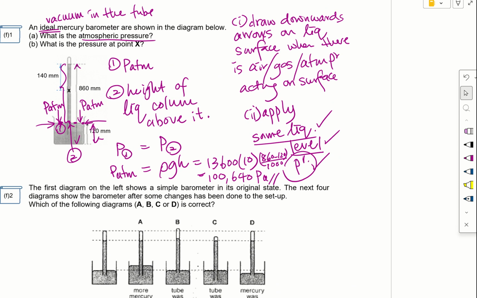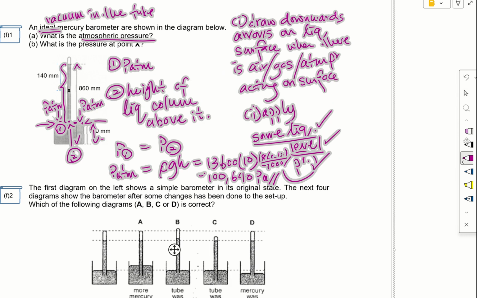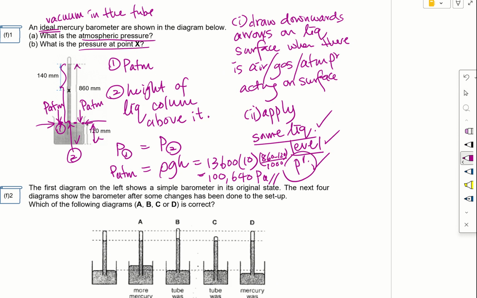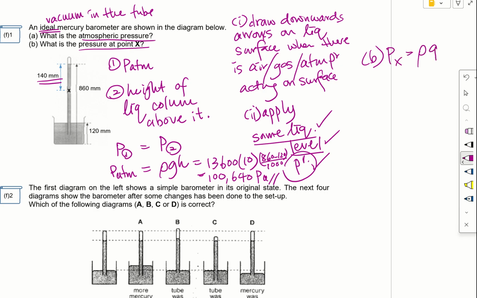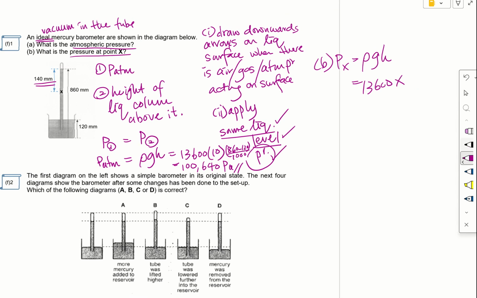Okay, so this is how we solve liquid pressure. They ask us to calculate the pressure at point X. That's for part B. At part B, we have a height of 140 mm of liquid above it, right? So we can just find that pressure at X equals rho g h. So equals 13600 multiplied by 10 multiplied by 140 over 1000.